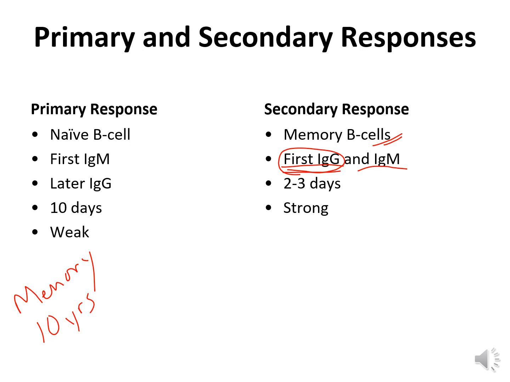And when this happens, we say the person is immune. So if somebody is immune to a particular disease, that means that they can still be infected, but they'll have a secondary response which will be so fast and so strong it clears that infection before they get the disease.